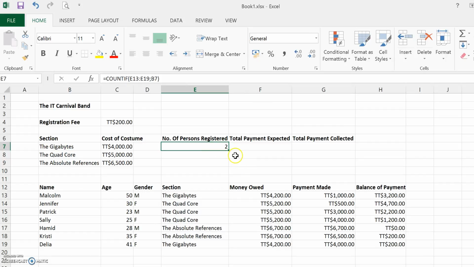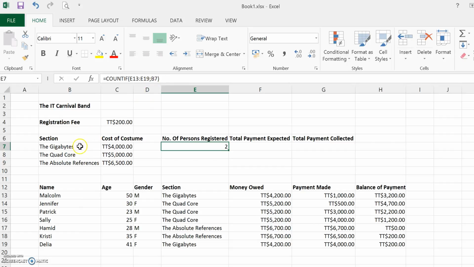Now, I would like to copy this formula down, meaning the reference B7 here should change to B8 for the quad core and B9 for the absolute references.